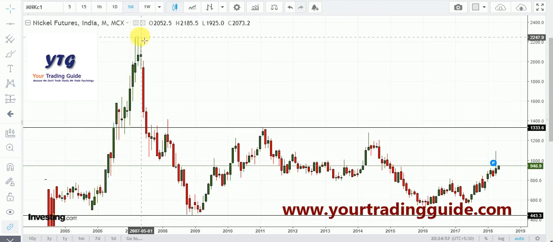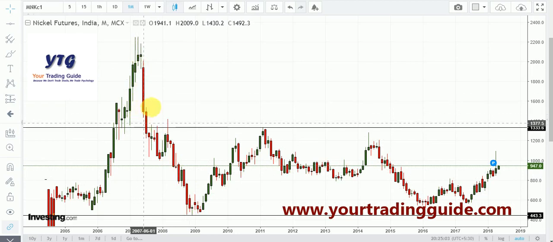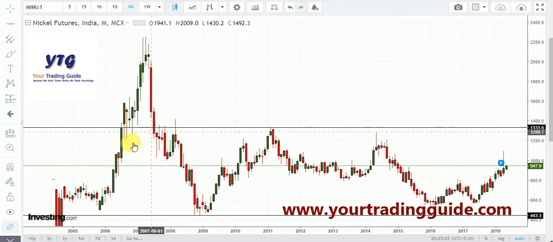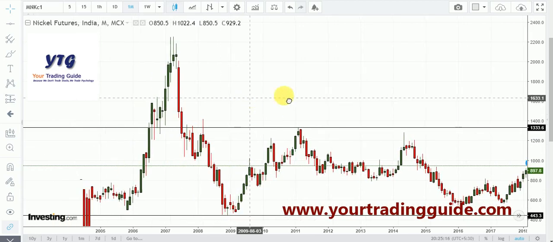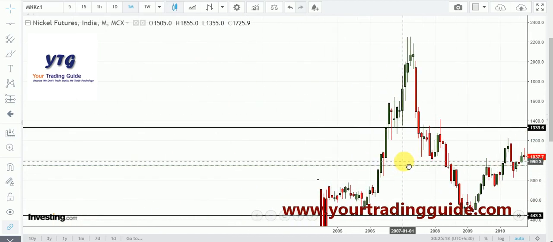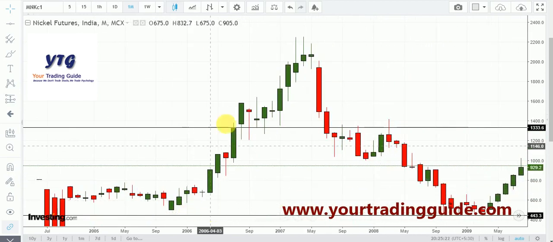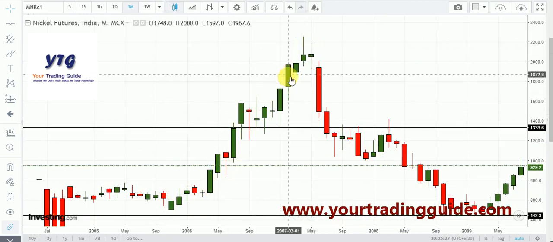After that you can see this crash in metals and especially in nickel. This up and down move also gives you a lesson. Think about it, guys. Let's forget that something happened after this. If you only look at this much period of the nickel, what can you learn from here?